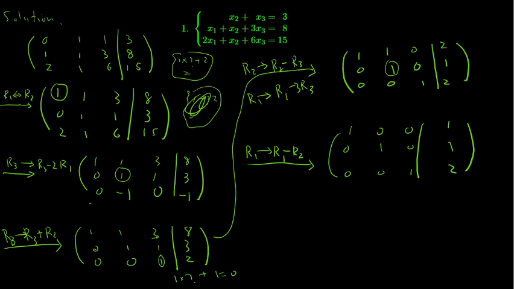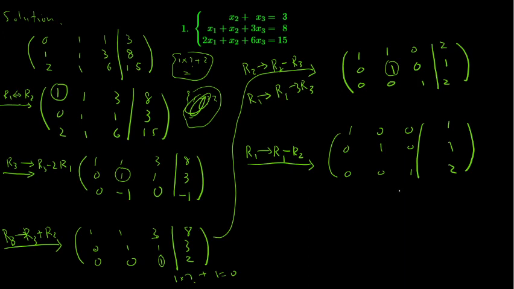I told you how to choose the operations. Make the leading one of row 1, and then use the leading one of row 1 to make these two locations 0, and so on. And then the leading one of row 2 is here. Use that leading one to make the number below 0, right? And then you go backward. Eventually, the matrix is going to be REF.